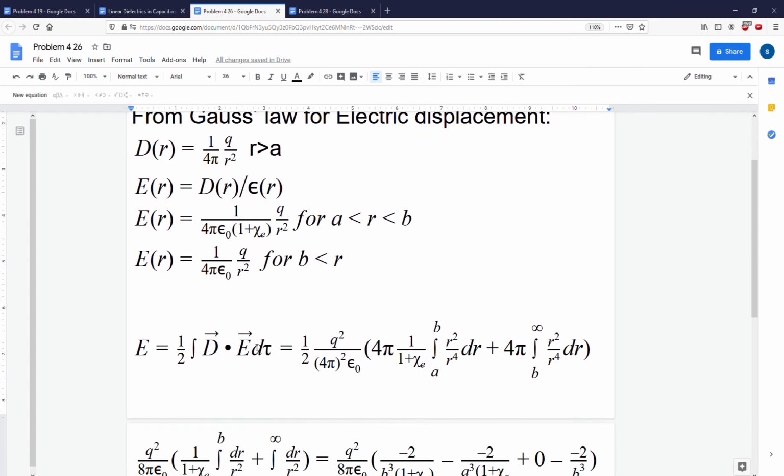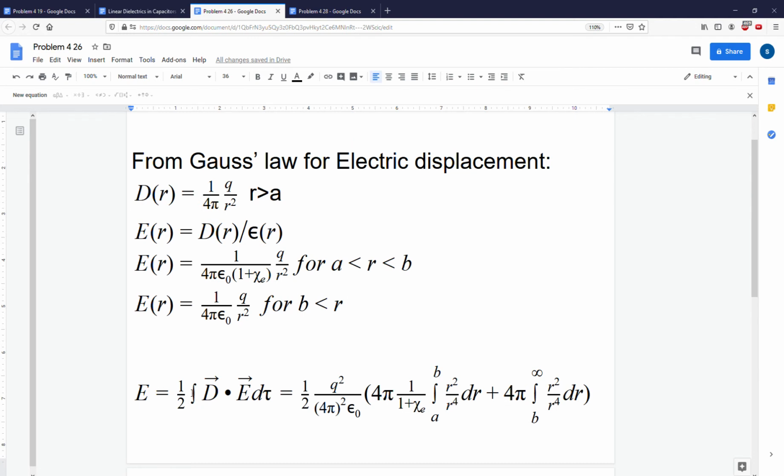So putting them together, the energy is equal to 1/2 times the integral of D dot E d tau. All right, so we have the 1/2, we're going to keep there. D and E both have terms Q over 4 pi. So we have Q squared over 4 pi squared that we've pulled out, those are constants. Both regions of E have a 1/epsilon naught, so I've pulled out an additional epsilon naught.